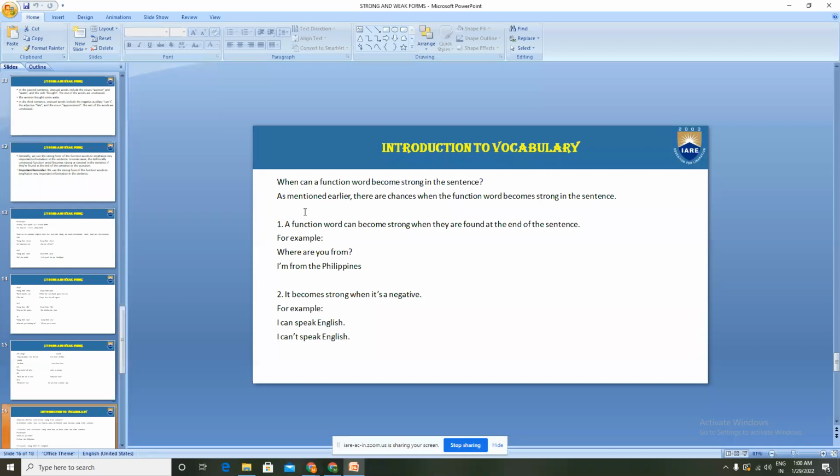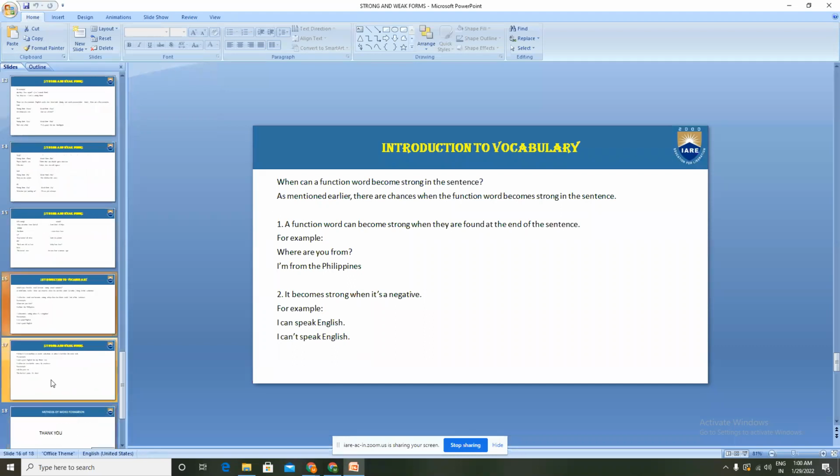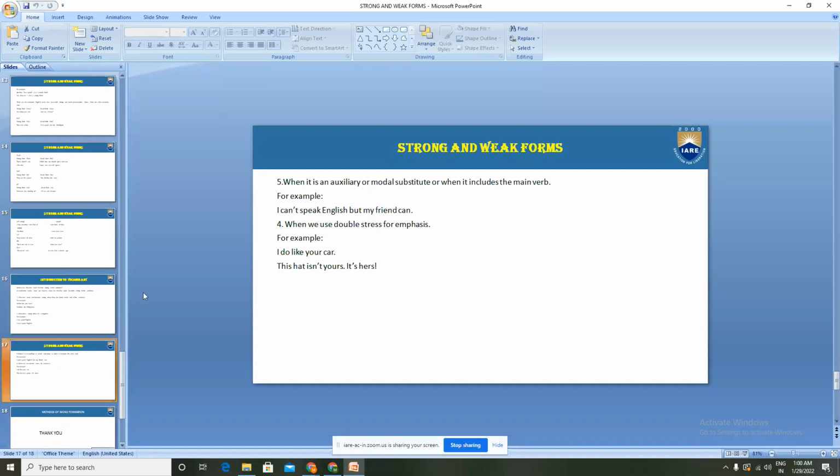And if we want to emphasize any particular word, then also it becomes strong. Also when auxiliaries or modal substitutes include a main verb, it becomes strong. So these are the strong and weak forms of the words, and how to pronounce them.